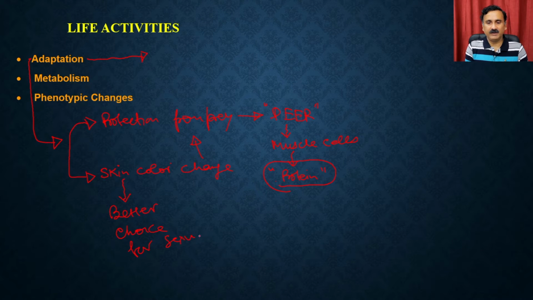So that is also very important, right? Because when you have better coloring patterns, and a better way of attracting your sexual partner, you can have higher chances of sexual activities, and that's how you can have higher chances of producing more offspring.